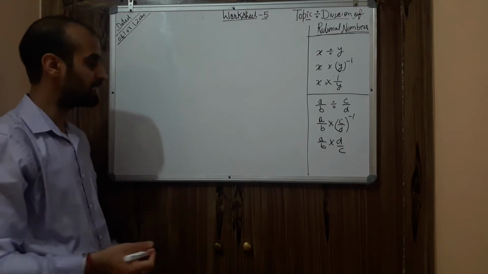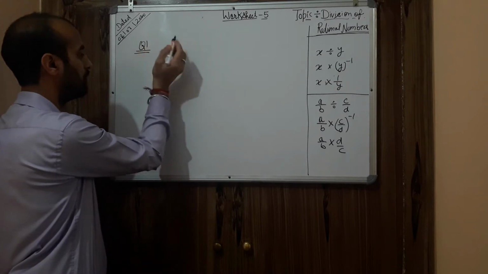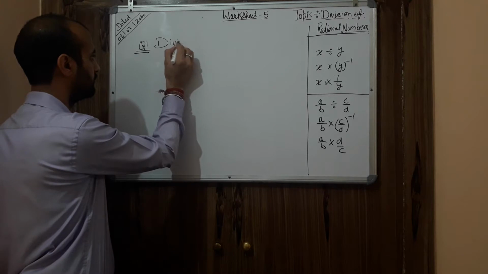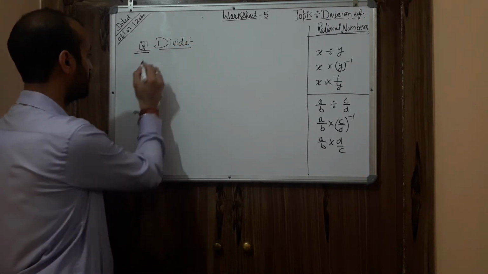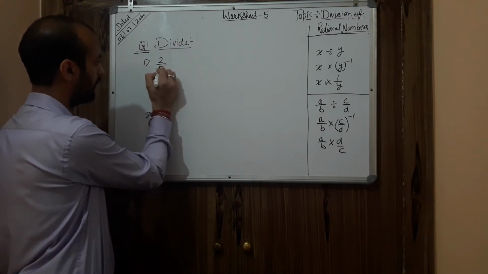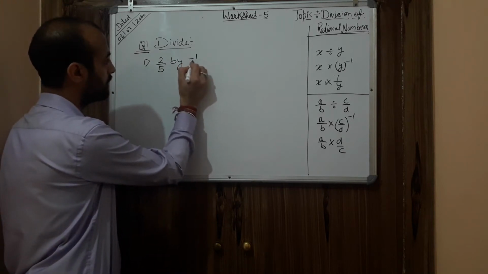So in this series I am going to take question number 1 of worksheet number 5. Divide. The very first part we have here is 2 upon 5 divided by minus 1 upon 3.